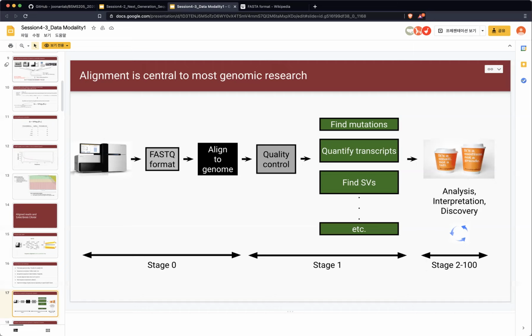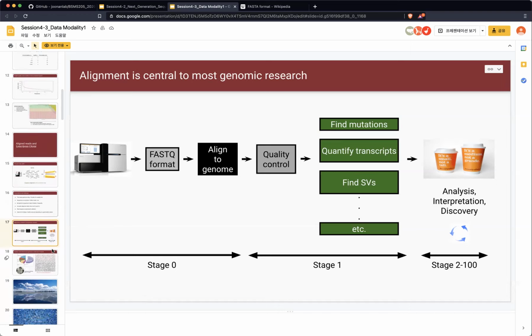So alignment transforms the raw data set into a certain format, then you can find the mutation out of that, right? So alignment is the core part of bioinformatics in data processing.